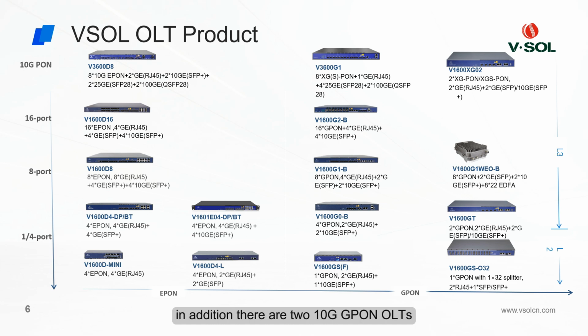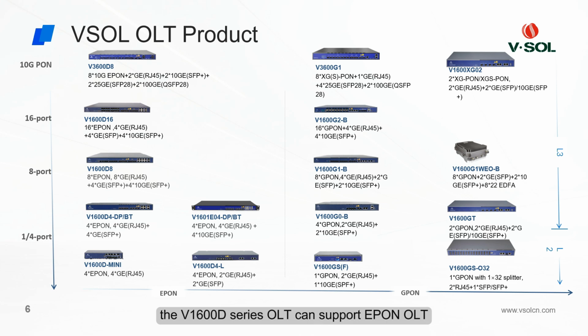In addition, there are two 10G GPON OLTs, which are 8 PON ports and 2 PON ports devices. A single PON port of a 10G PON OLT can provide 256 ONU connections and can meet high bandwidth requirements at 100 Gbps uplink.